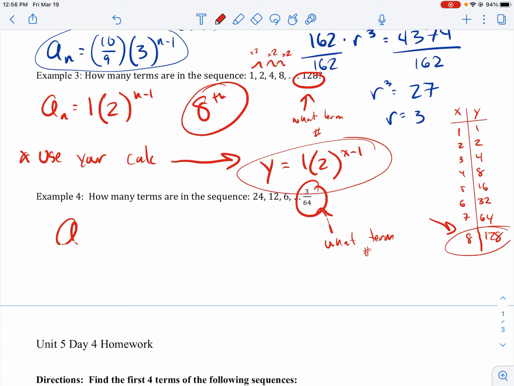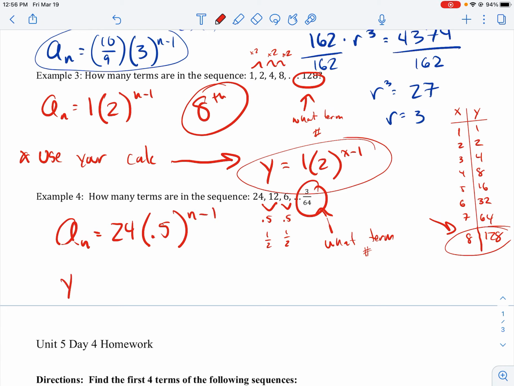We know our first term, which is 24. Now it looks like we are multiplying by 0.5 each time, right? Or 1/2, right? However you want to represent that ratio is okay with me. I'm going to use 0.5 just because it looks kind of nicer. And then n minus 1.